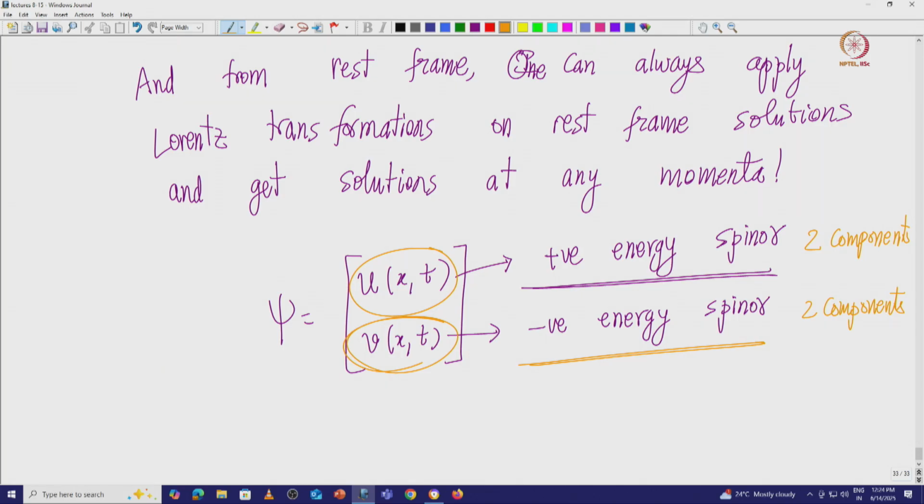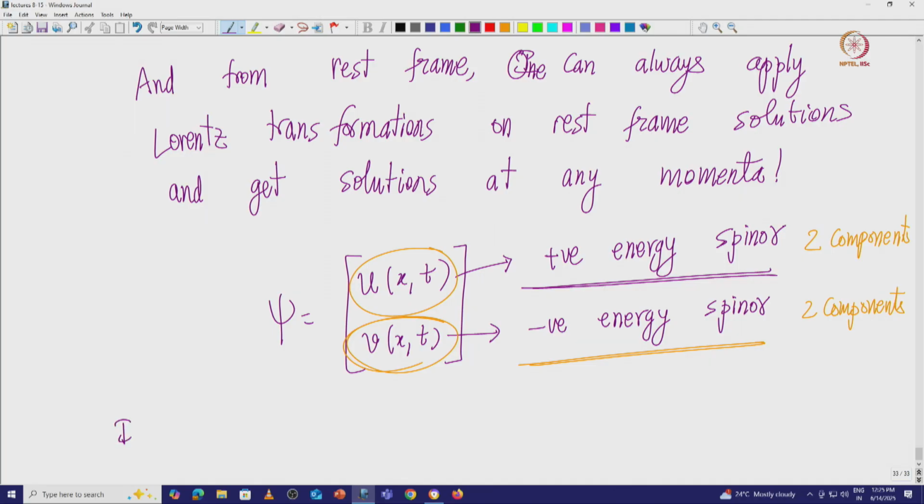To understand this, you require a little more background about Lorentz transformations and the representations of the Lorentz group and Poincare group. This is extremely important to understand what spinors are and their relation with the Lorentz group.